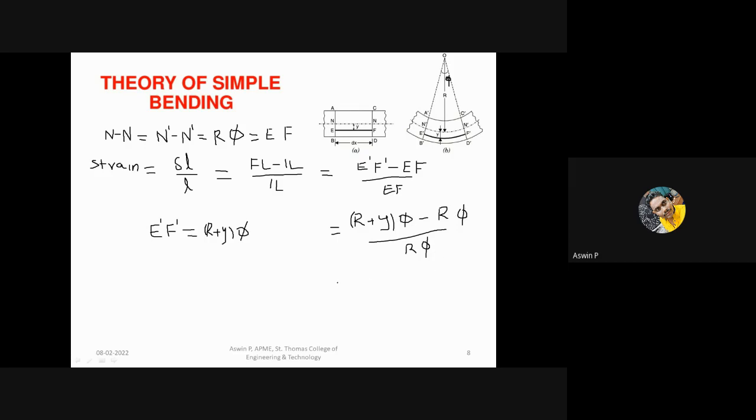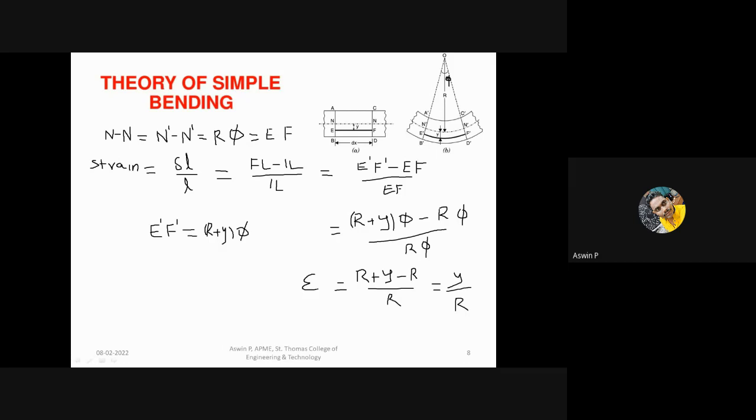The final equation becomes R plus Y minus R, divided by R. There is a positive R and a negative R, and the final equation becomes Y by R. That is the strain: epsilon is equal to Y by R from this equation.